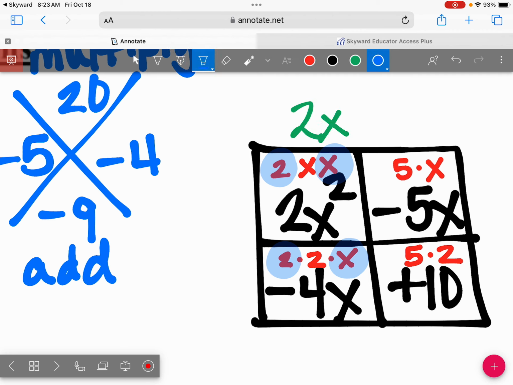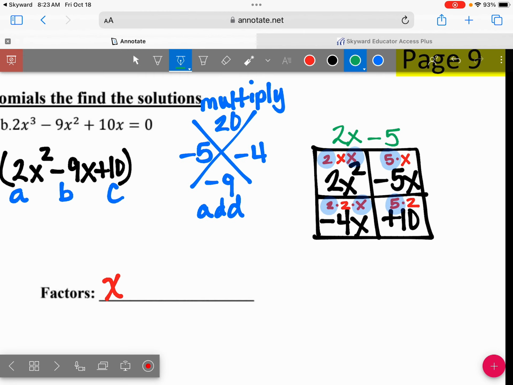And then in the second column, what do both of these have? What do they both have in the box that we can take out? A 5. Now you have to be careful though, because it has to match the sign. So we're going to take out a -5. So I'm going to go ahead and write that on my factor line. So we got 2x minus 5.